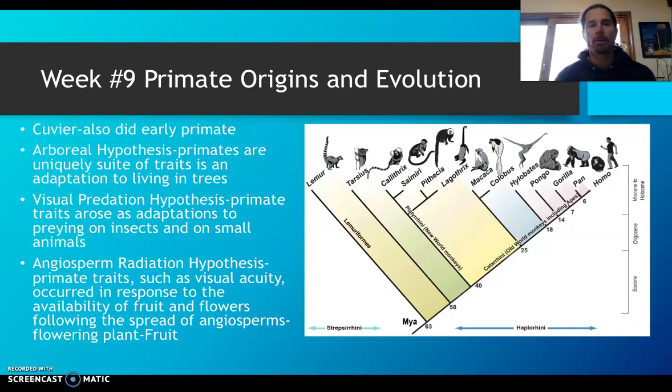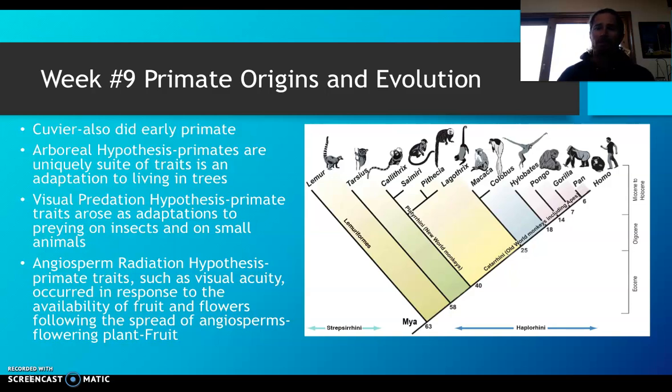So the first is the arboreal hypothesis, which says primates are uniquely situated and have traits for adapting and living in trees. Again, gorillas and human beings are not necessarily good at trees.